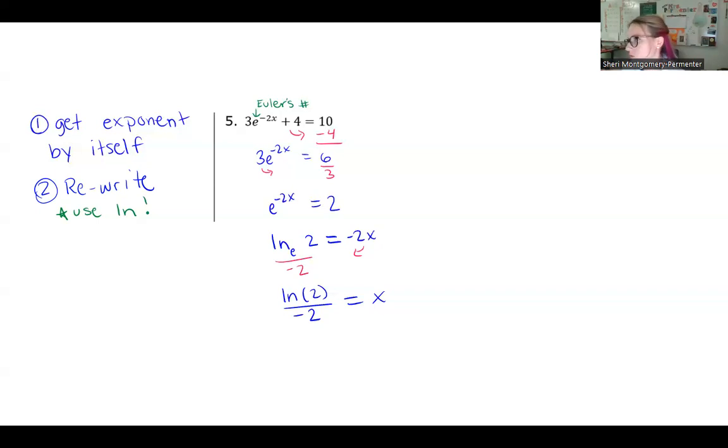Most logs, you just use log. You're going to type it into your calculator. There's an ln button. It's right underneath the log button. So you're going to type in ln of 2, close your parentheses, and then we're going to divide by -2. You get an ugly decimal. That's okay.